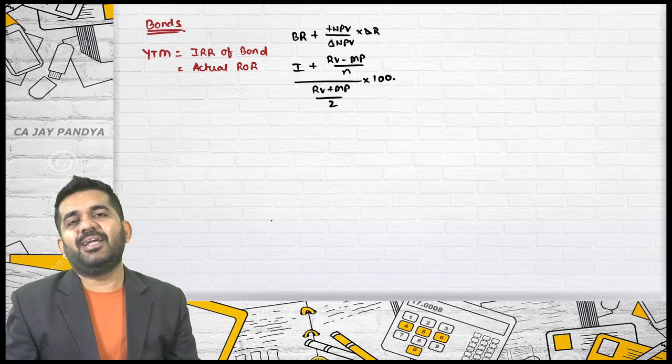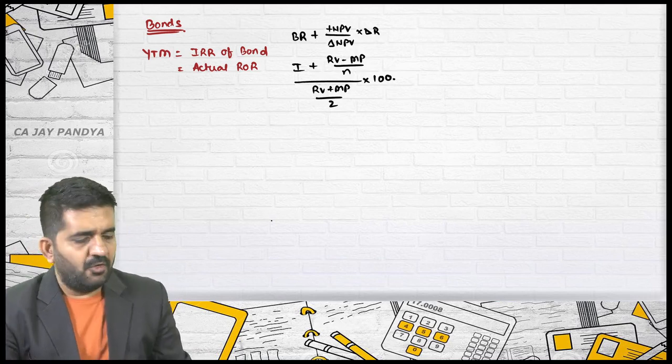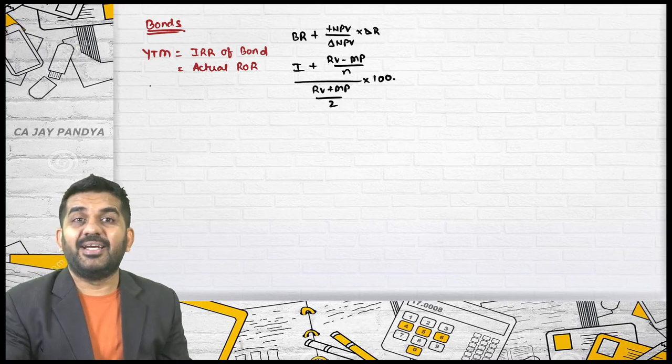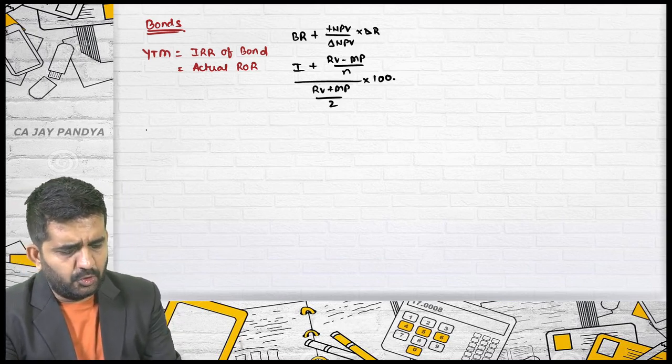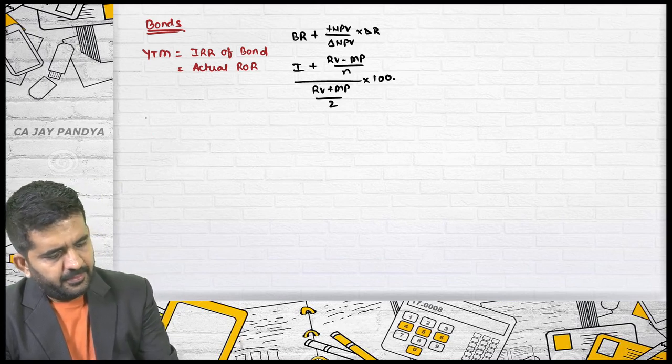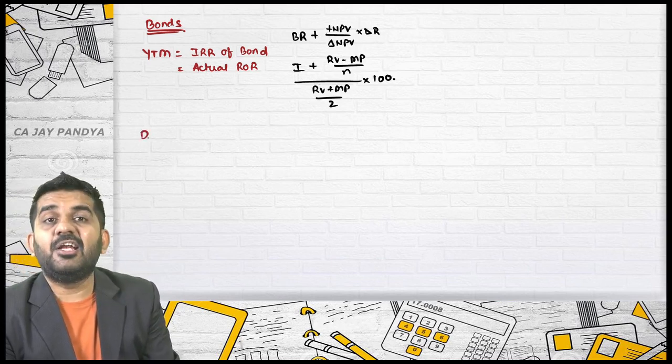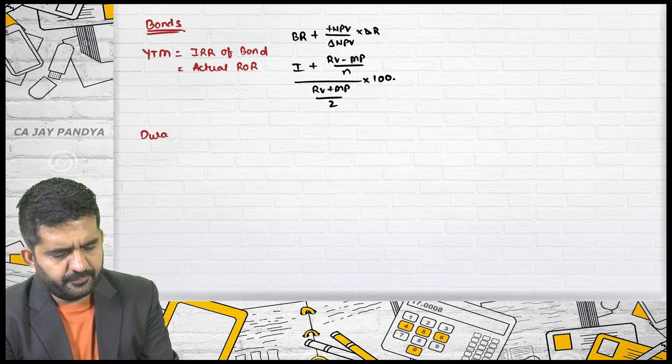You also get YTM, but it is an approximate value. This is YTM, yield to maturity. Then we went on understanding duration of the bond, Macaulay's duration of the bond.